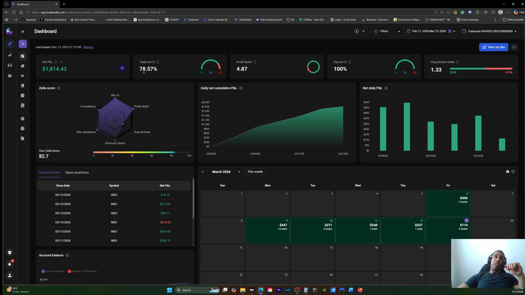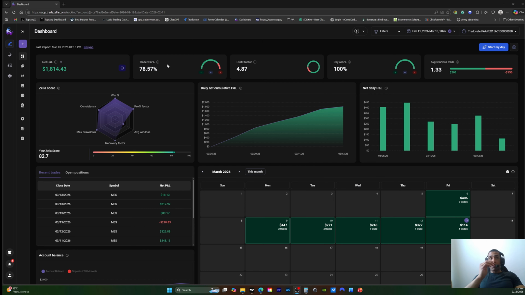Trade win percentage is 78% with a profit factor of 4.87. Steady curve. My average win is 208, average loss is 156. So with almost 79% win rate, that is very good, and I try to keep it that way.